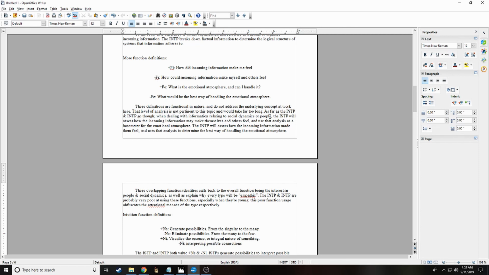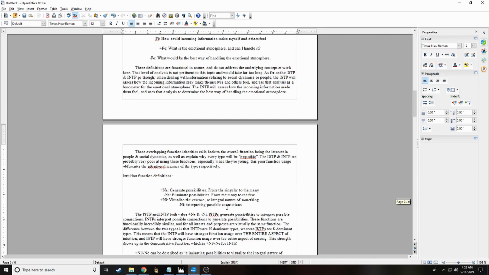So this whole notion of whether or not they're analyzing and trying to assess how they should determine, or how it makes them feel, all this stuff gets lost once you start to watch the INTP and ISTP, because they both more or less will look like they're doing the exact same thing. It's when you get down to the actual processes happening at the bottom that you figure out, oh, okay, there's something inherently different or fundamentally different about their approach.